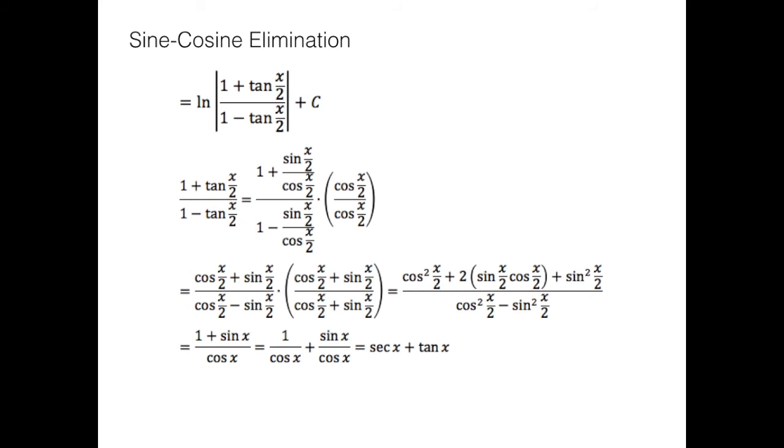And then that leaves us with, that all becomes 1 plus sine x over cosine x, or 1 over cosine x plus sine x over cosine x. And then we can represent that as secant x plus tangent x, and we can plug this answer back into that natural log.